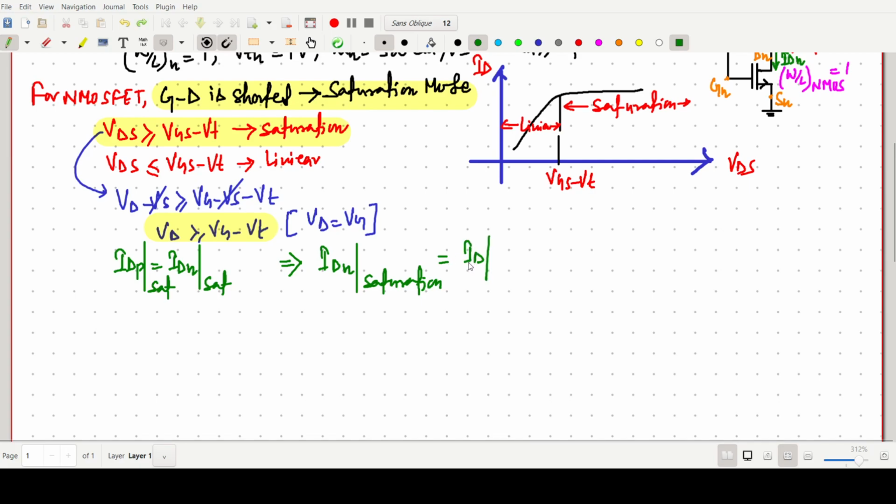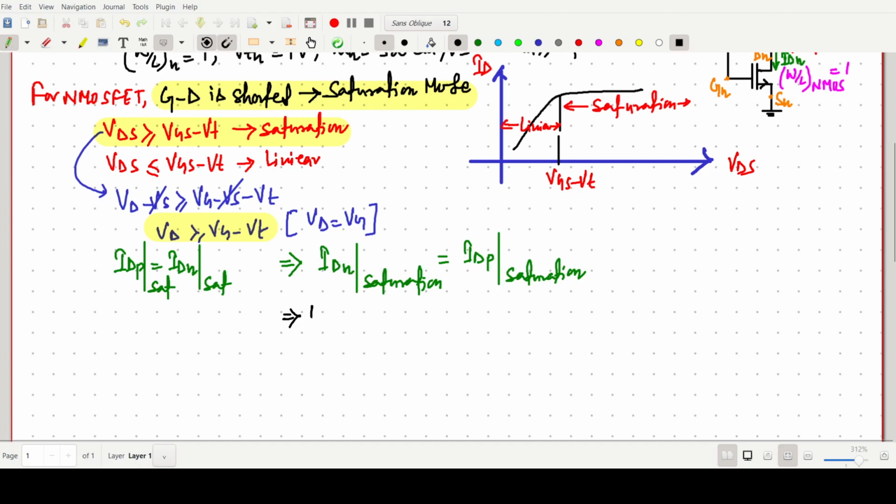ID of P in the saturation, the same equation. Okay, and then after we have to write the equation for the drain current.